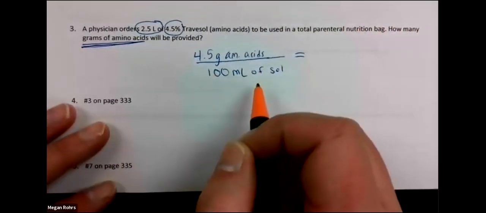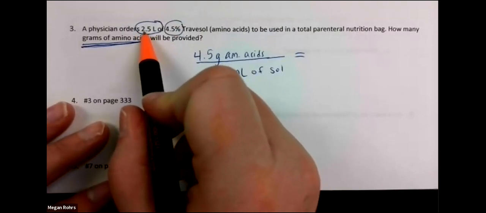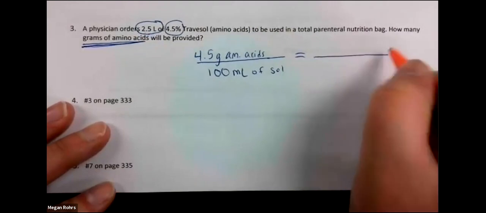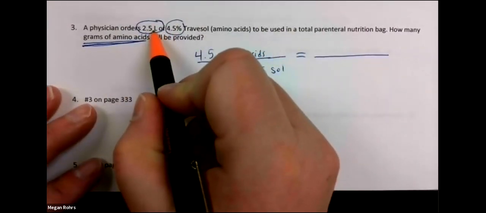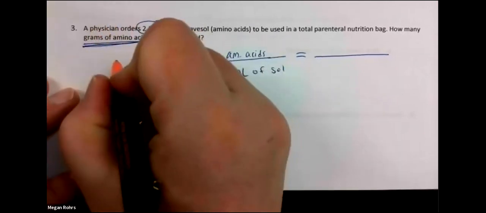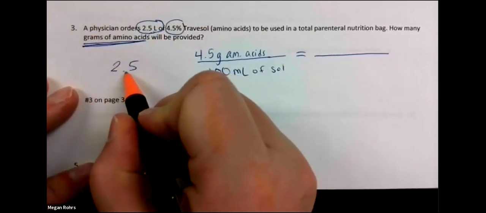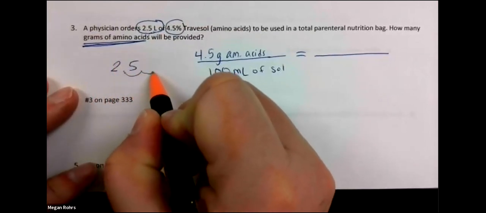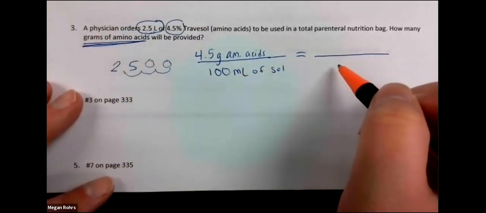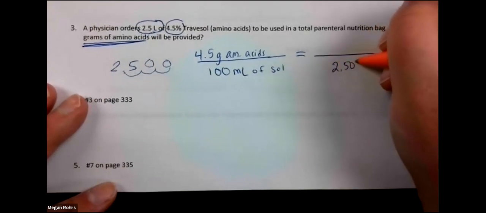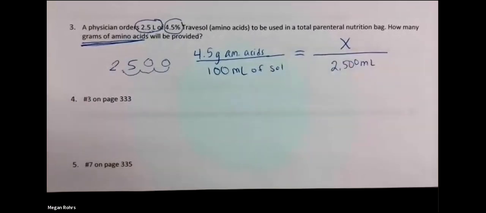And we can set that equal to our total volume. So they're ordering 2.5 liters. Well, I can see that here I have milliliters. So I need to first convert my 2.5 liters into milliliters. So if I'm going from liters to milliliters, I'm going to move my decimal 3 places to the right. So that would give me 2,500 milliliters. Now I can solve for x.